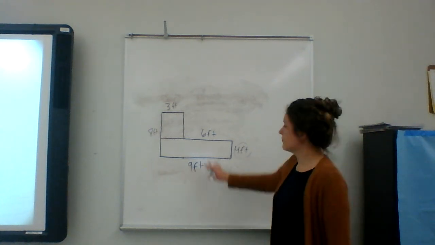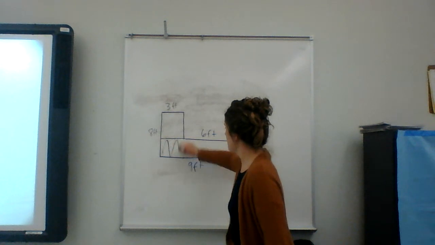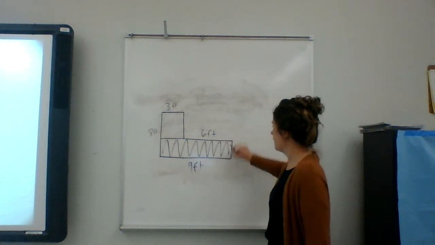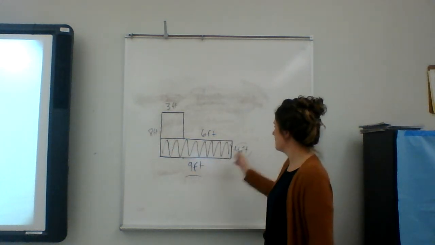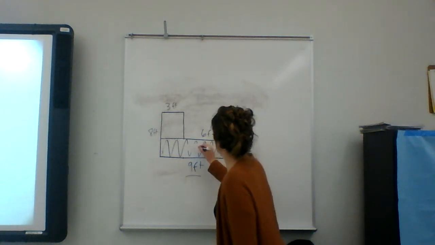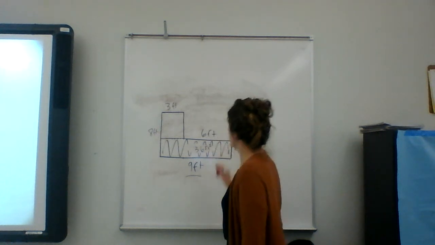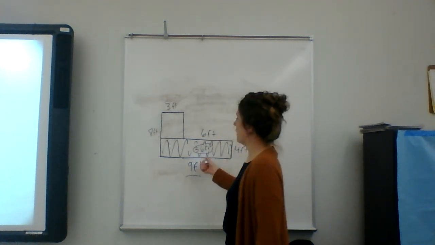So then I can use this information to find the area of this rectangle. Just this rectangle here would be the length of 9 times the width of 4. 9 times 4 is 36 square feet. That's the area of this shape.